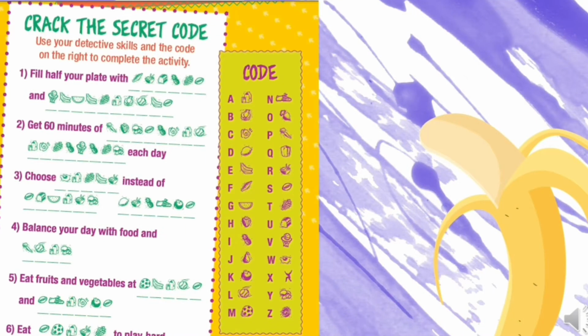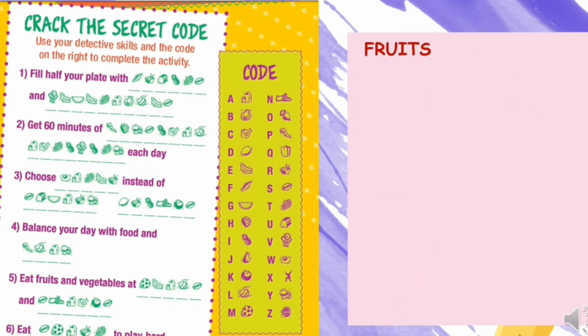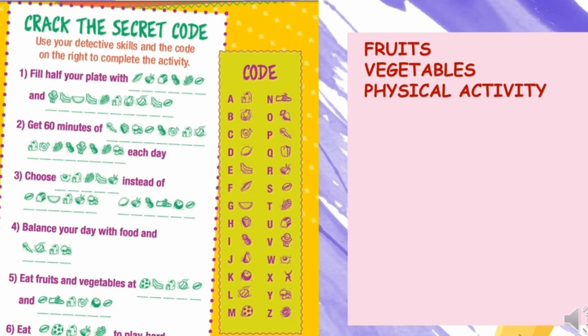Now I also told you to crack the secret code. Fill half your plate with, and I've given you pictures with the code from A to Z. So fill your half plate with, it comes, fruits and vegetables. Get 60 minutes of physical activity each day.